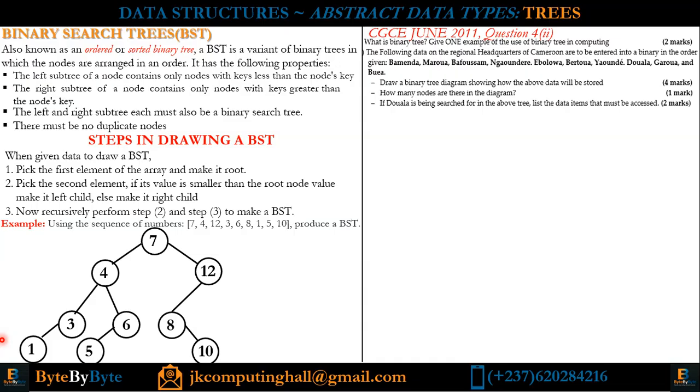We know that a binary tree is a tree in which each node has at most 2 children. And for one example of the use of a binary tree in computing, we have expression trees, we have files and folders. That is the path of some files can be viewed as a binary tree, which facilitates searching.